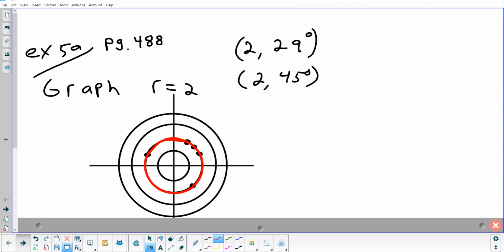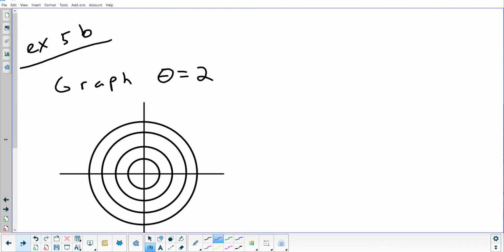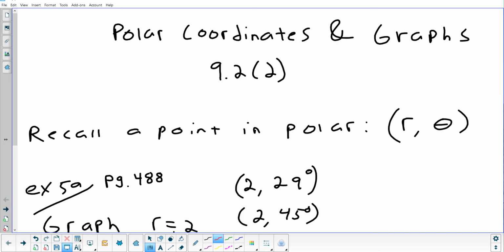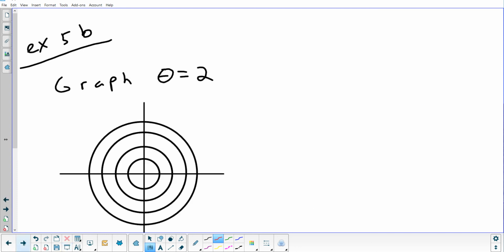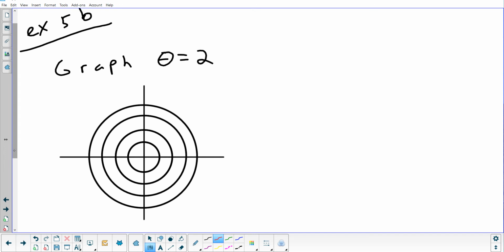All right. Now, let's try something a little different. This is kind of like saying, you have y equals a number when you do a function, and then you do x equals a number. Well, this is like the other one now. You let r equal a number. Now you're letting the other part of your coordinate equal a number. So now, the points for this one have to have an angle of 2 radians.